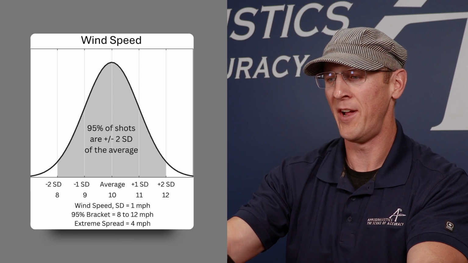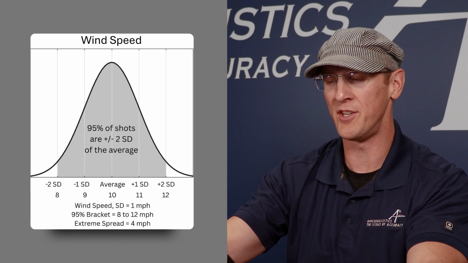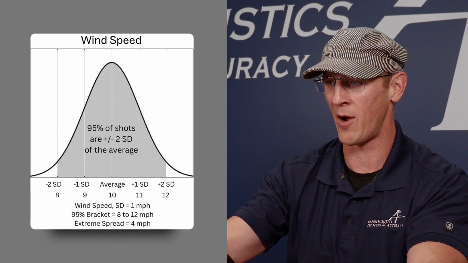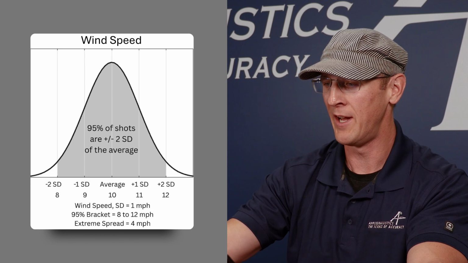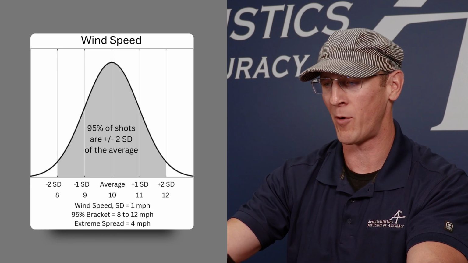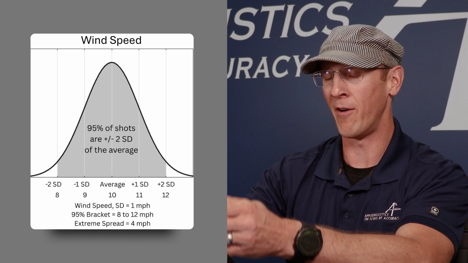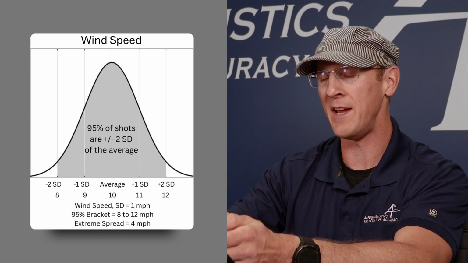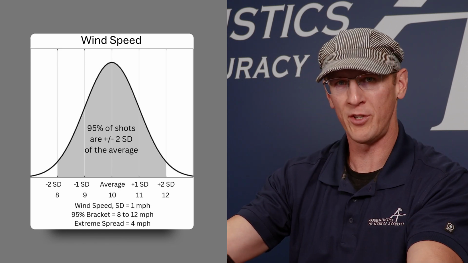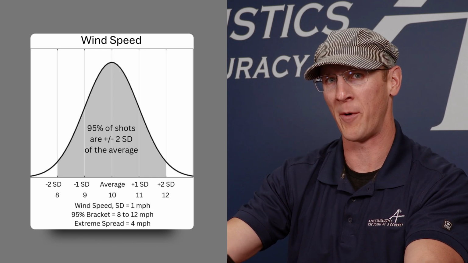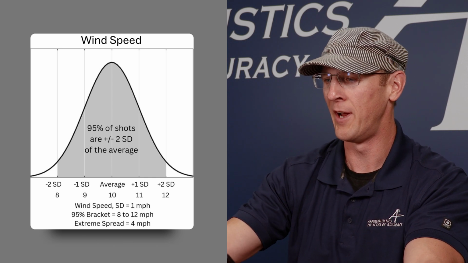Notice how nothing about the bell curve changed, just the numbers that it represents are now wind speed rather than muzzle velocity. So if your average is 10 miles an hour wind and your standard deviation is 1, that's representing a 4 mile per hour bracket from 8 to 12, right? Plus or minus 2 standard deviations of 1 mile per hour each, plus or minus 2 miles an hour.